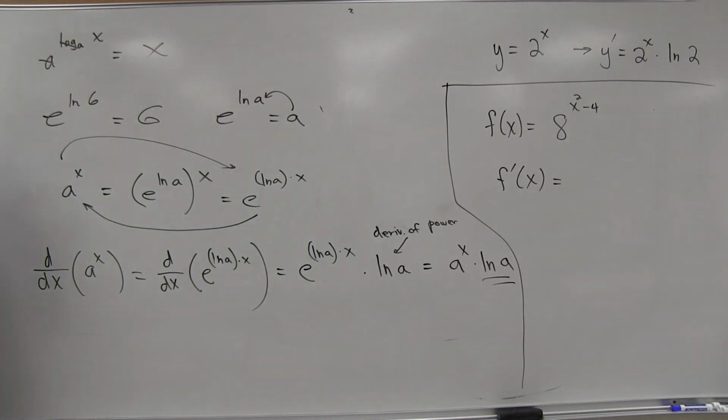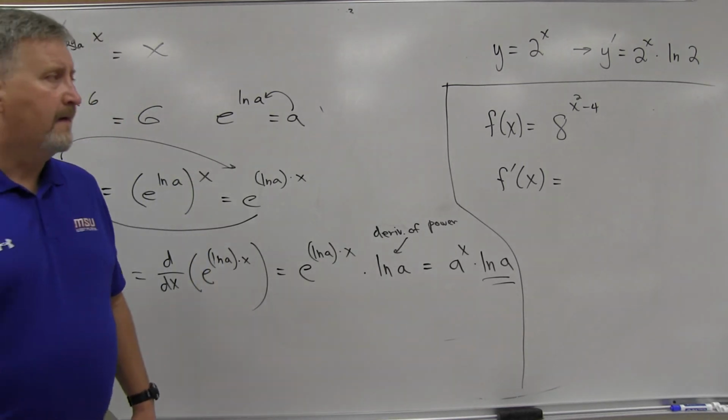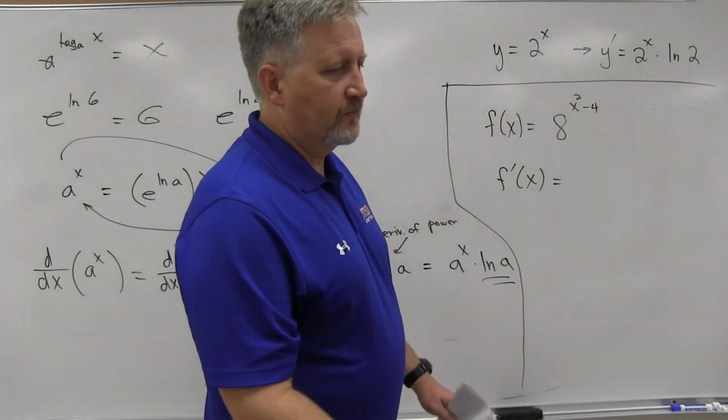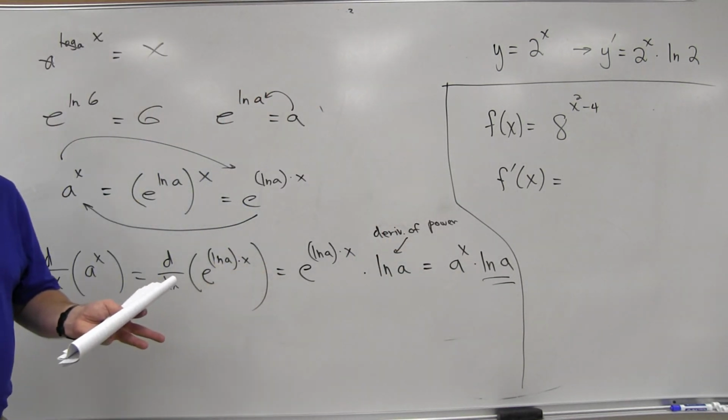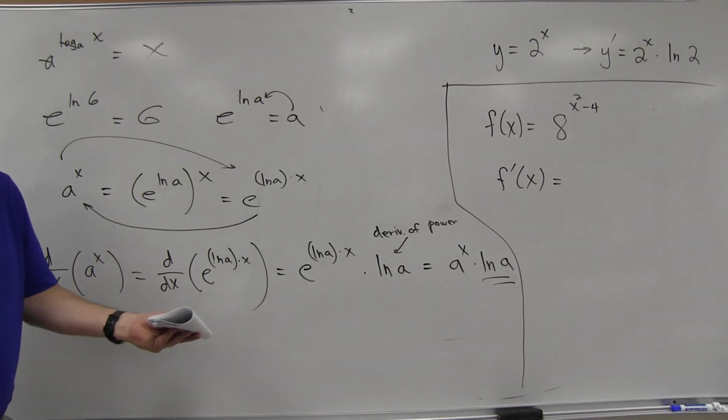Well, we've got 8 to a power. It's just that the power is not simply x. If it was 8 to the x, it'd be 8 to the x times ln of 8. But it's 8 to the x squared minus 4. Well, guess what? We have to use what rule also kicks in. It's the chain rule.